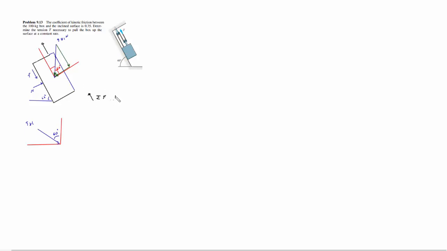So I'm going to have my tension minus 981 newtons times the sine of 60, and then minus the friction, which is also going down, all equal to 0. Then I sum my forces in the other direction, where this direction is positive, and that is equal to 0.